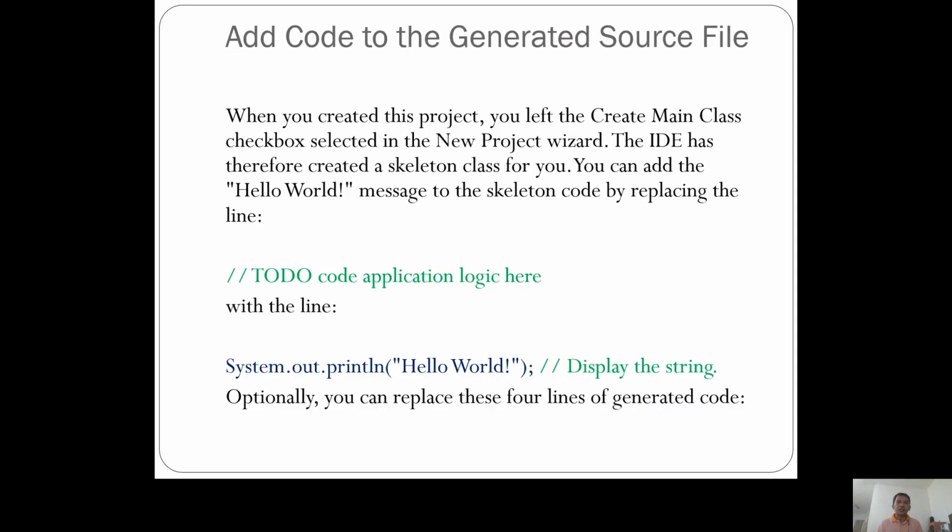Add code to the generated source file. When you created this project, you left the Create Main Class checkbox selected in the New Project wizard. The IDE has therefore created a skeleton class for you.